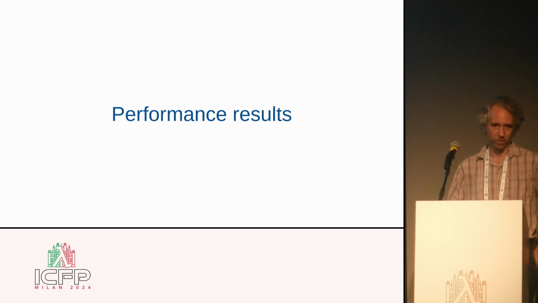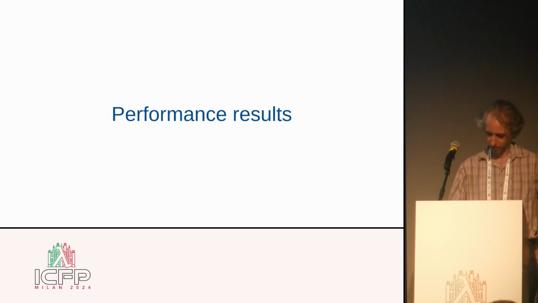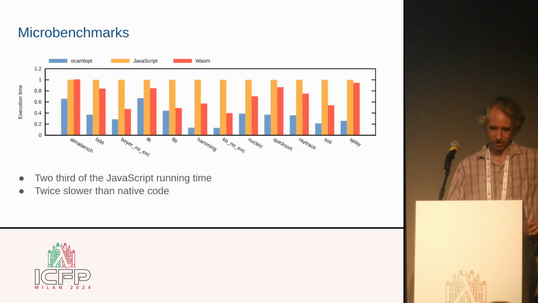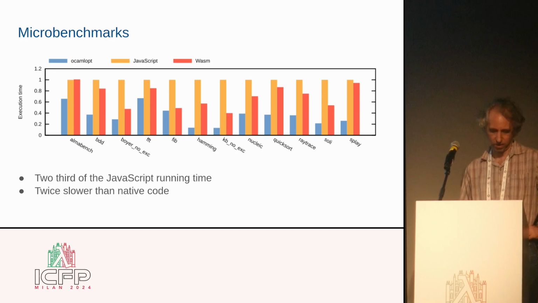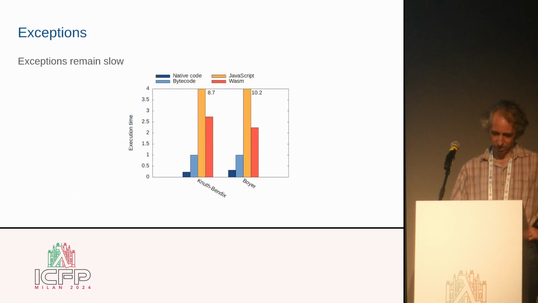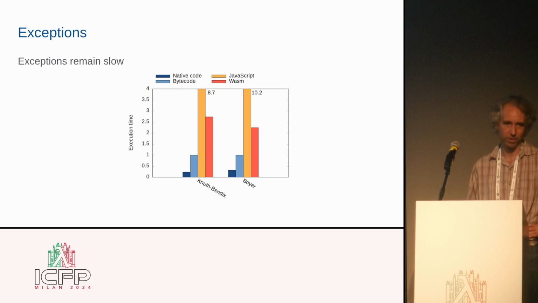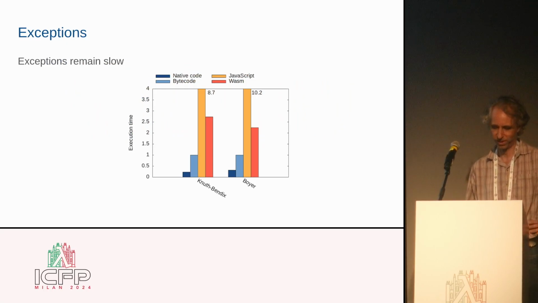I've made a number of benchmarks to evaluate the performance. On micro benchmarks, the results are pretty good. The running time is about 2/3 of the JavaScript running time, and the code is about twice slower than native code. One exception is exceptions, which remain slow.